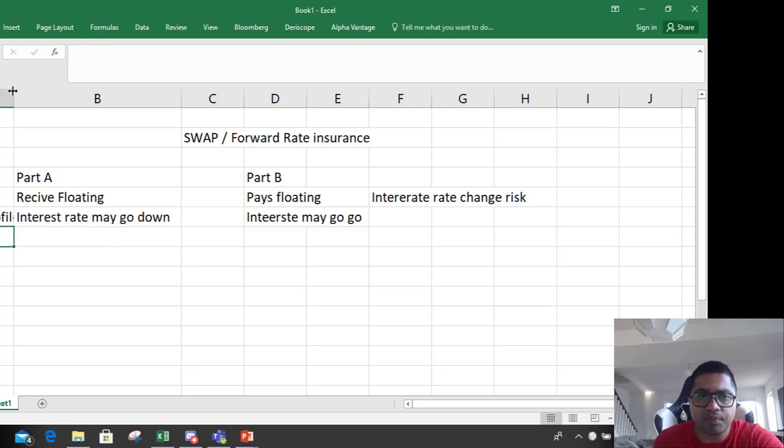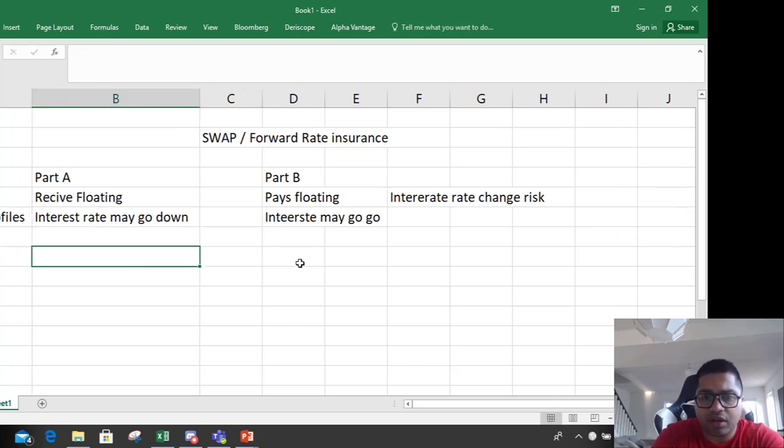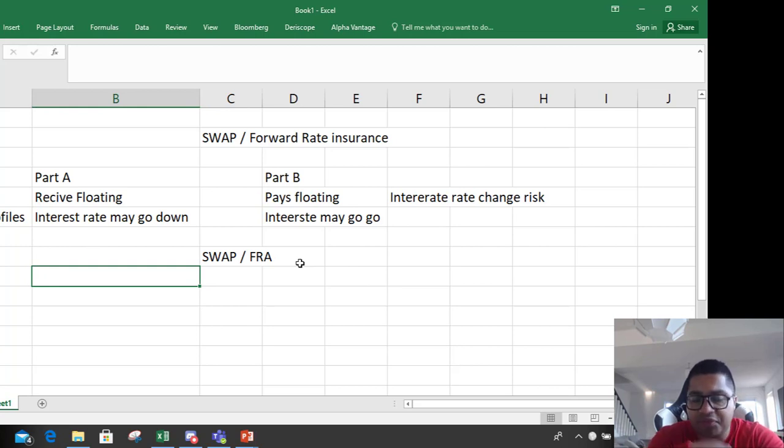So what would they do? They will get into a swap arrangement and they will buy a forward rate agreement, FRA. Now what does that mean? Party A will get into an arrangement where it will pay floating and receive a fixed rate.